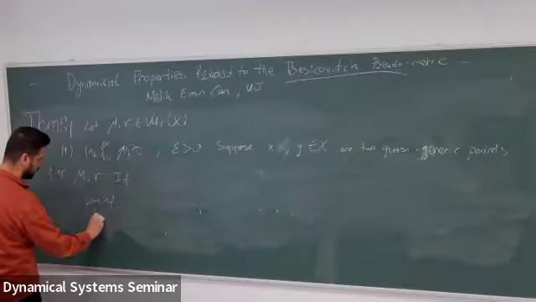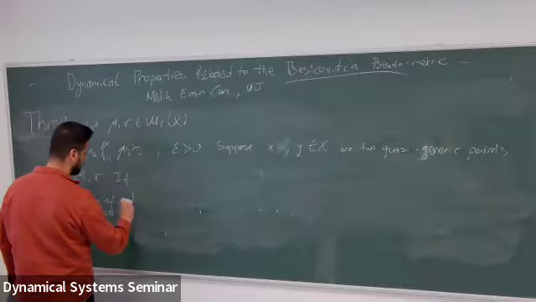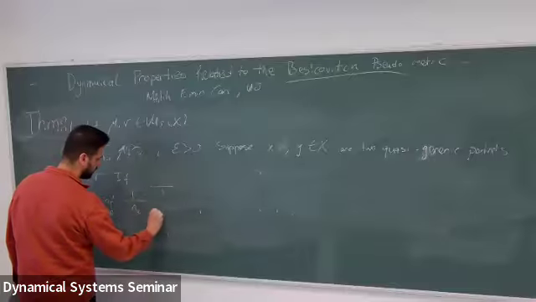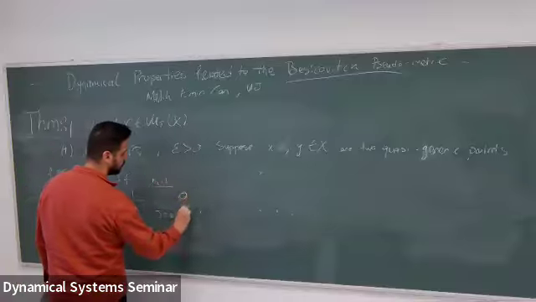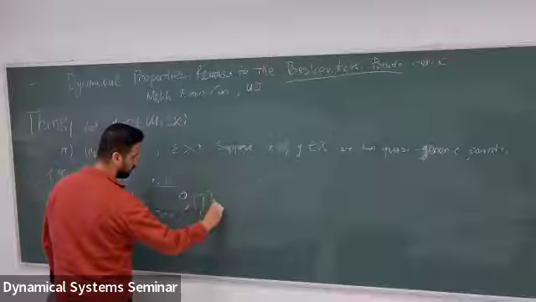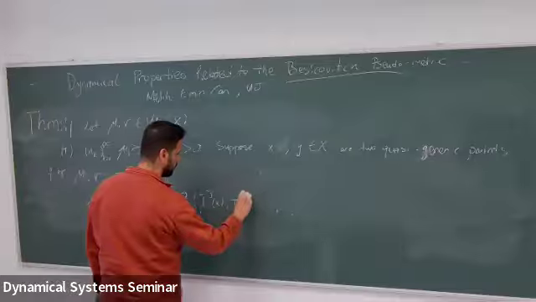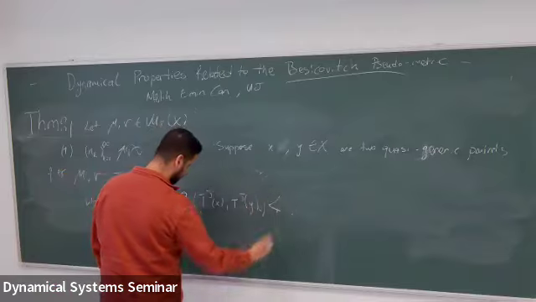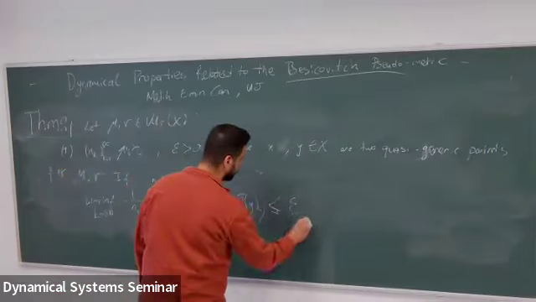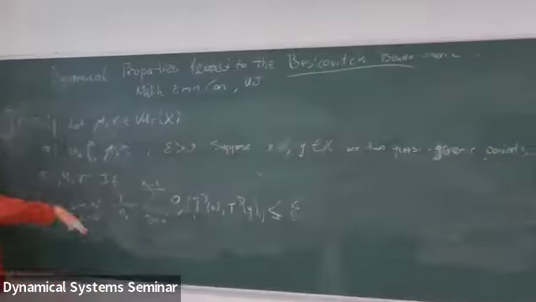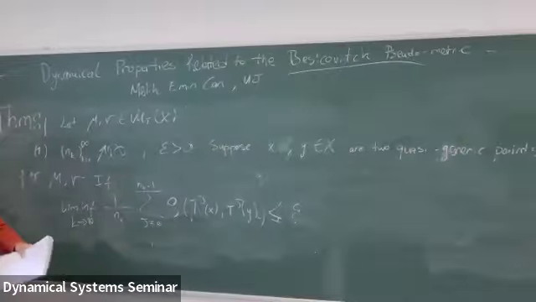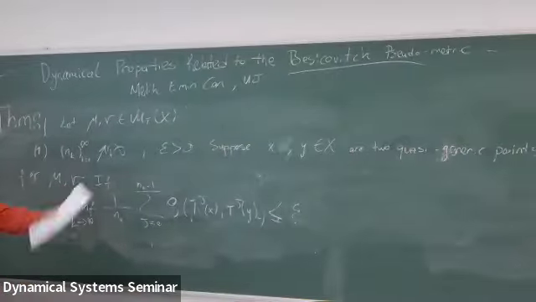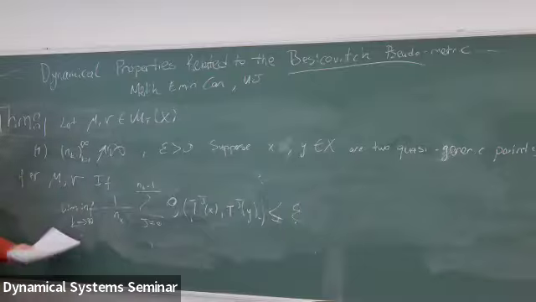again, we take the average distance along a choice of two points, which are quasi-generic points for the invariant measures, but this time we take the limiting period.